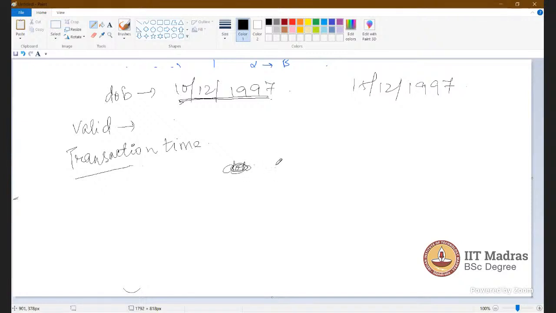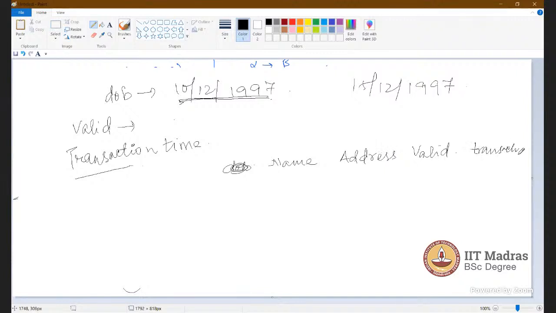Suppose you add a name and an address in the relation. One is the valid time and another is the transaction time, right?